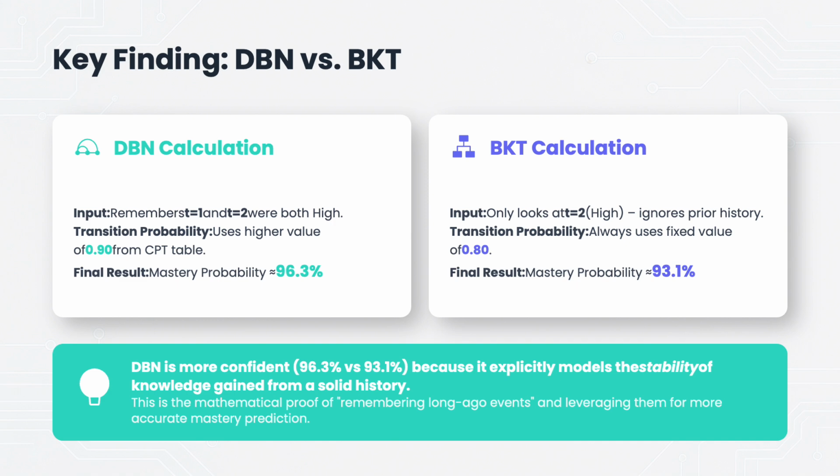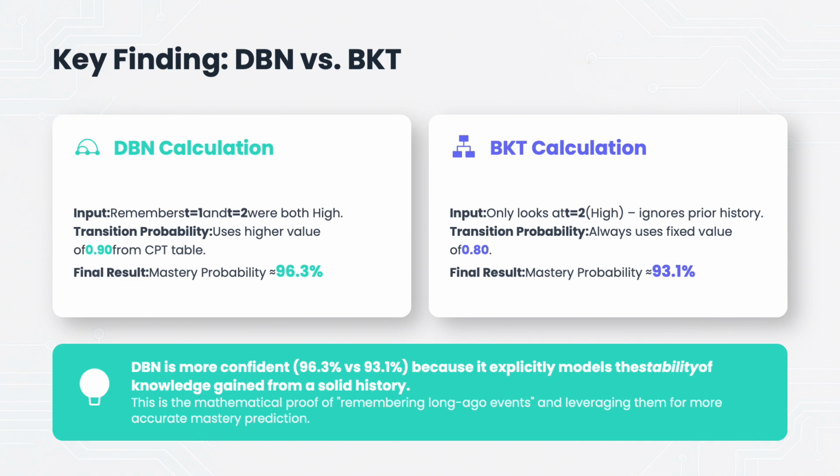Our DBN model, however, looked at the history of t equals 1 and t equals 2 and recognized a pattern of consistent high performance. It used a higher transition probability of 0.90, resulting in a final probability of 96.3%. This difference shows that DBN is more confident in the student's mastery because it understands the stability that comes from a solid learning history.